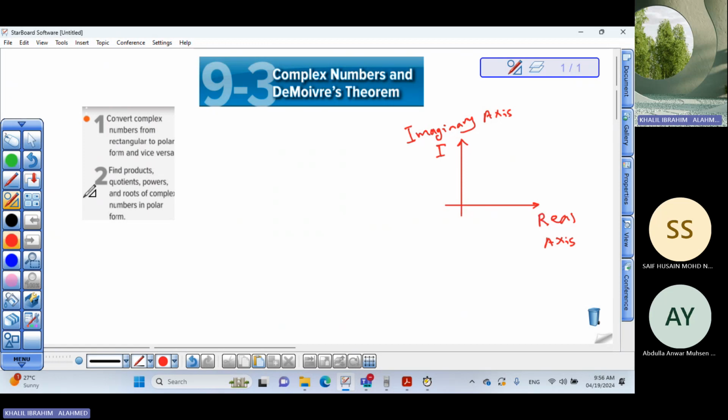For example, a complex number consists of two parts, real and imaginary. For example, 3 plus 4i. This is real, and this is imaginary.